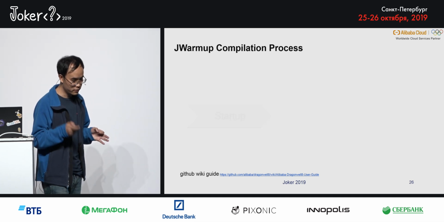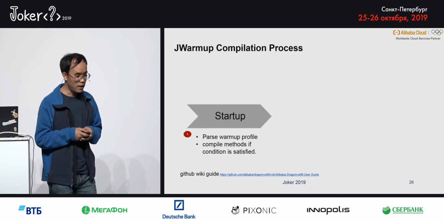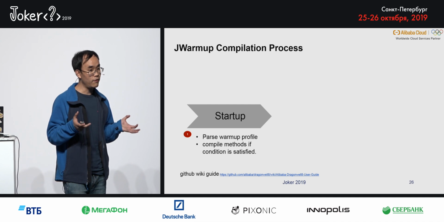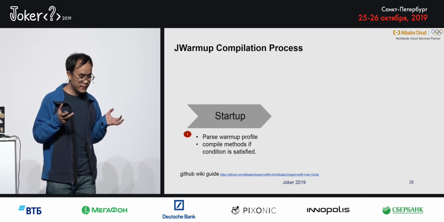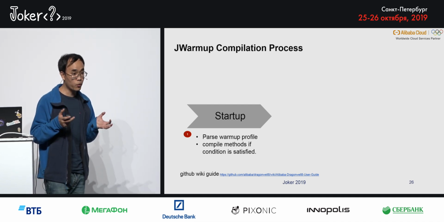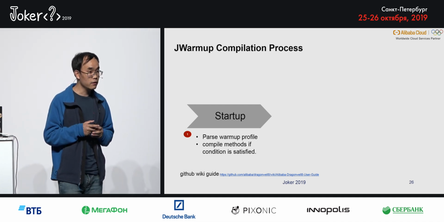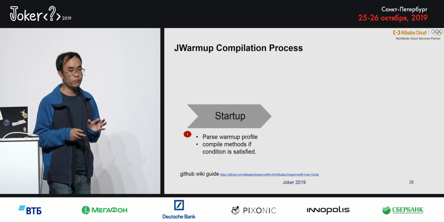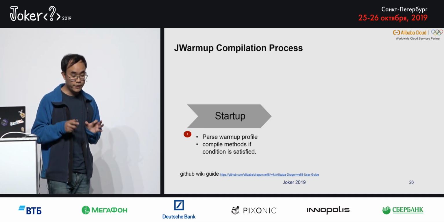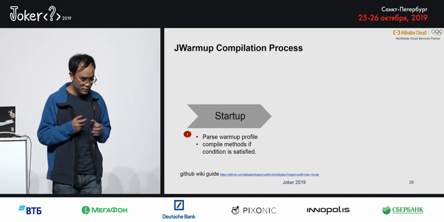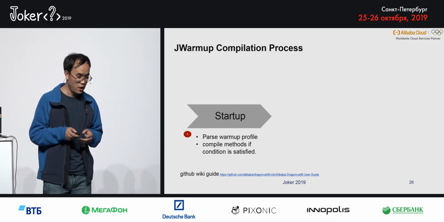How does it work? At startup, the JVM parses the warm-up profile. After the parsing is done, the JVM will pre-compile methods if the dependencies are satisfied. This is the first step.